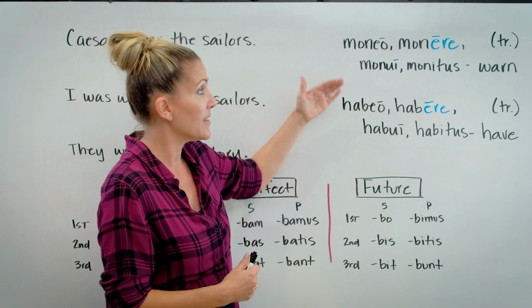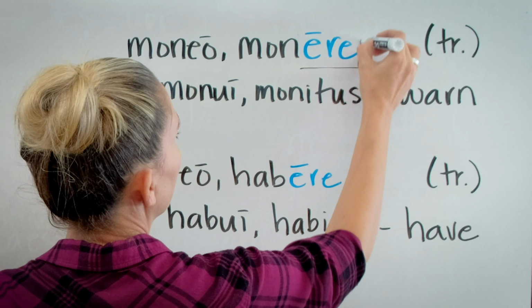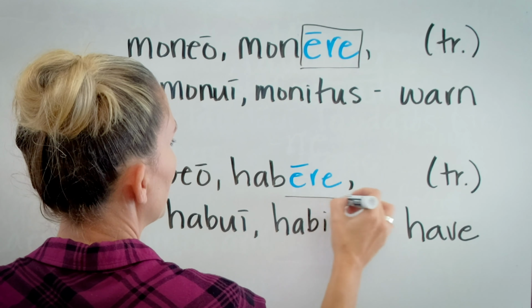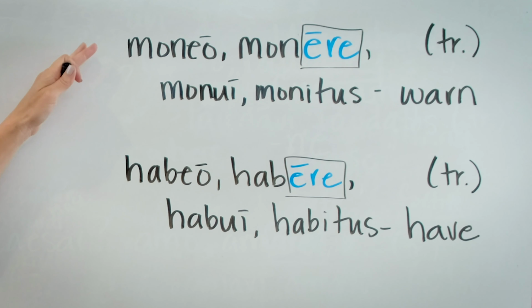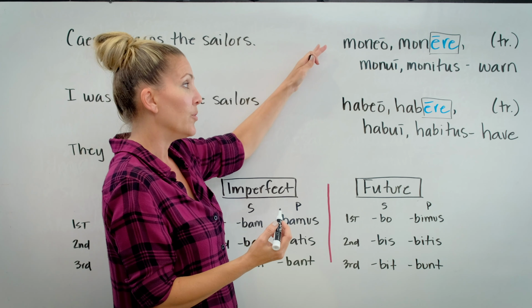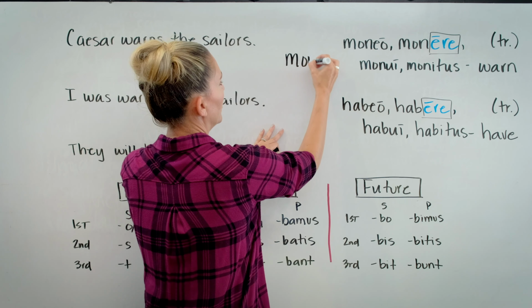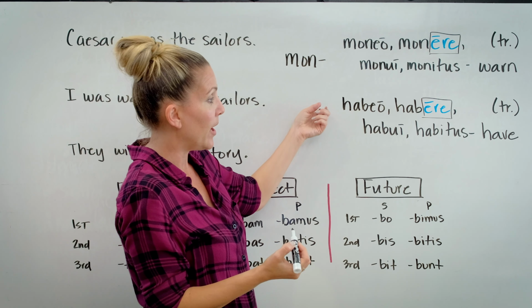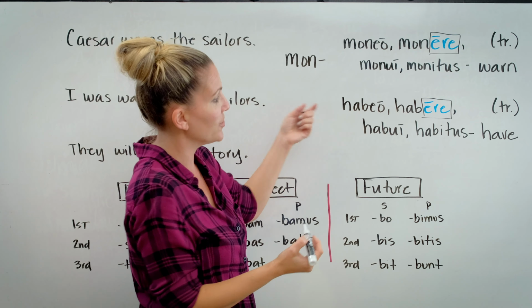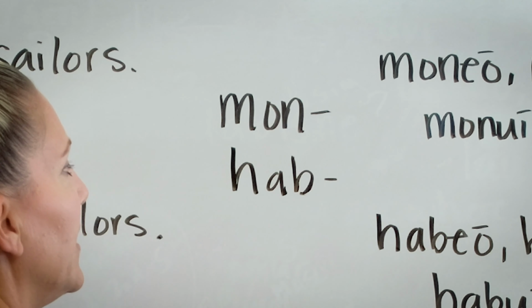The way we find the stem is to drop the ERE in the second principal part, which is the infinitive. So for this particular word, moneo, monere, monui, monetus, my stem becomes M-O-N. For this word meaning have, habeo, habere, habui, habitus, we drop the ERE and we get H-A-B.